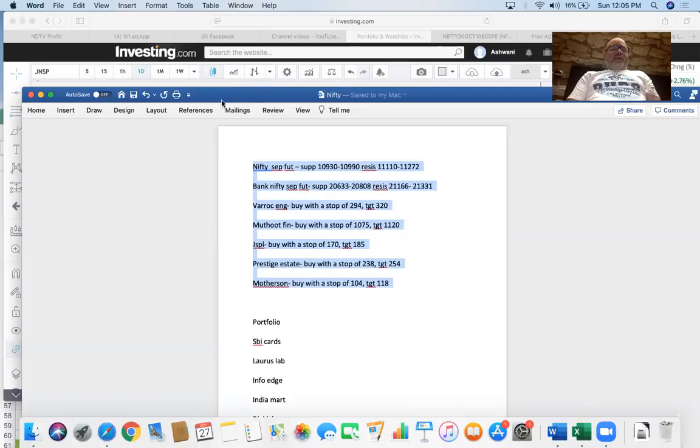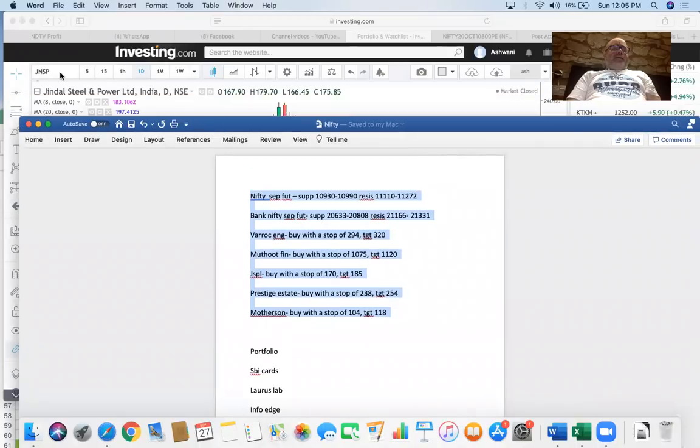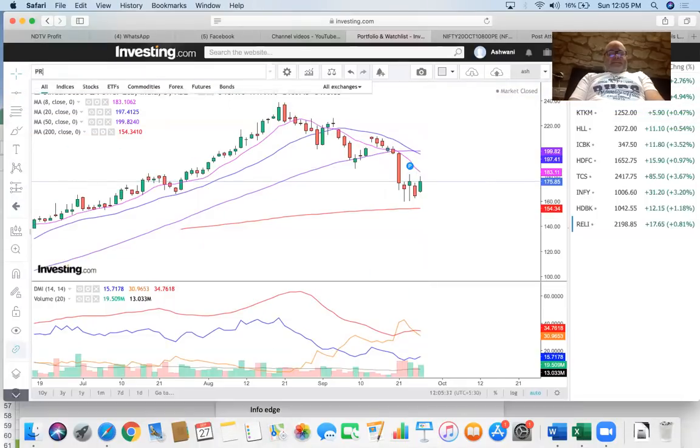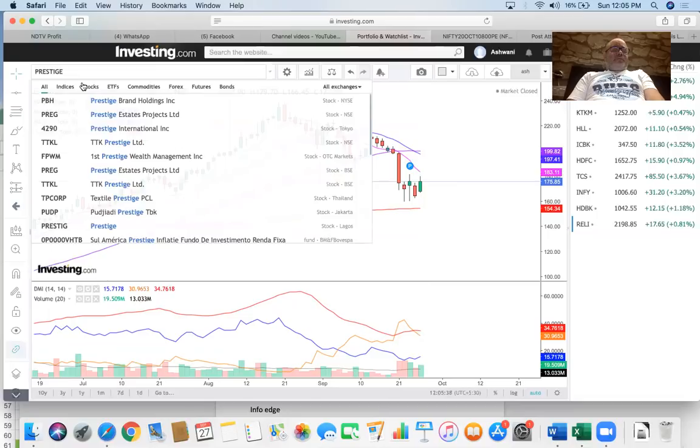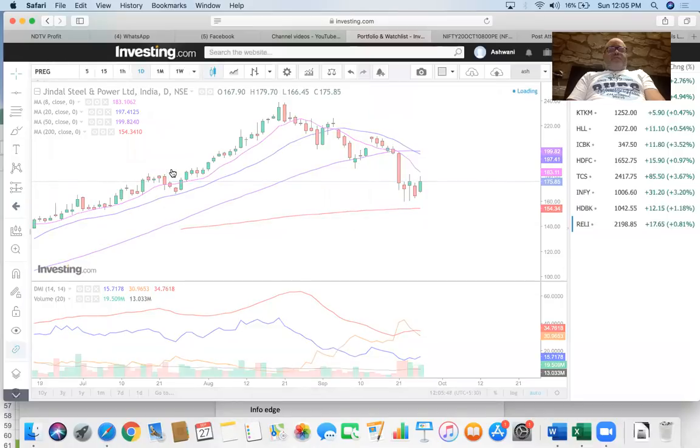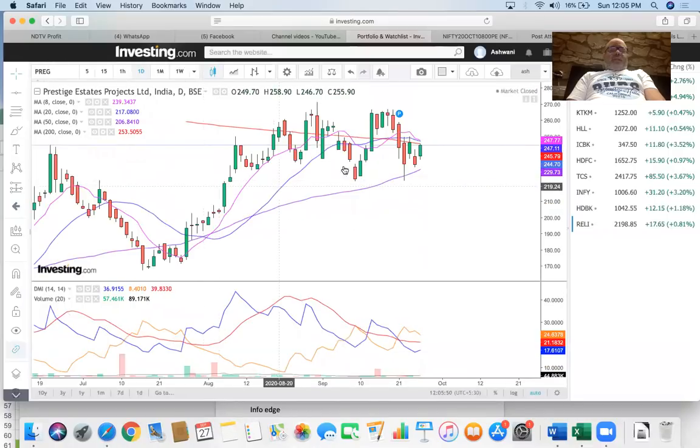Then we have something like Prestige Estate. Prestige Estate has found repeated support in this zone.